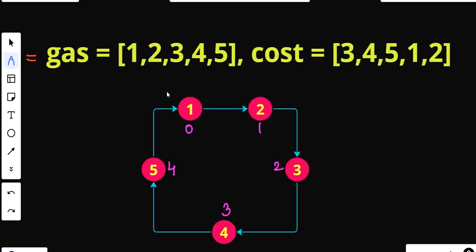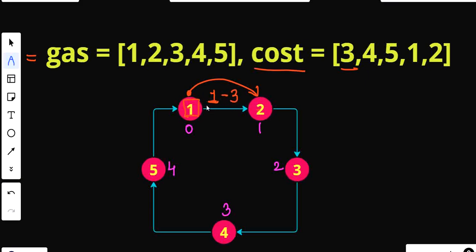If I want to move from this gas station to this one, I know that the amount of gas at this station is 1, correct? And the cost of traversal from this station to this station is going to be 3. So the amount of gas that I have is 1 minus the required fuel cost.